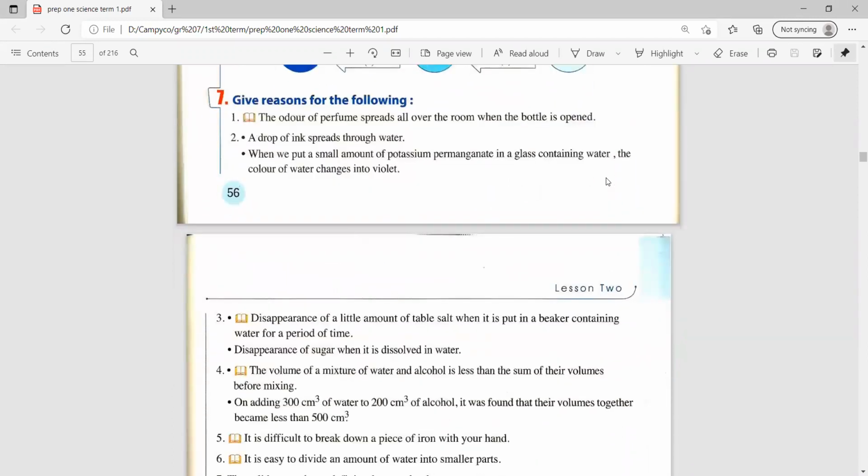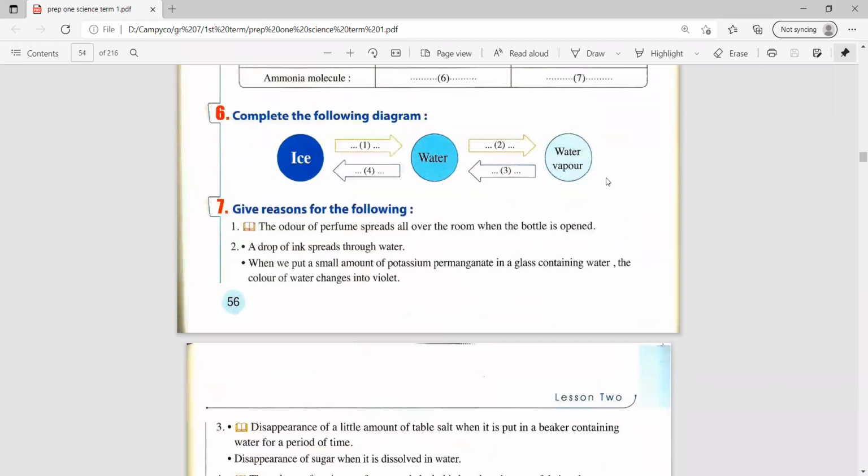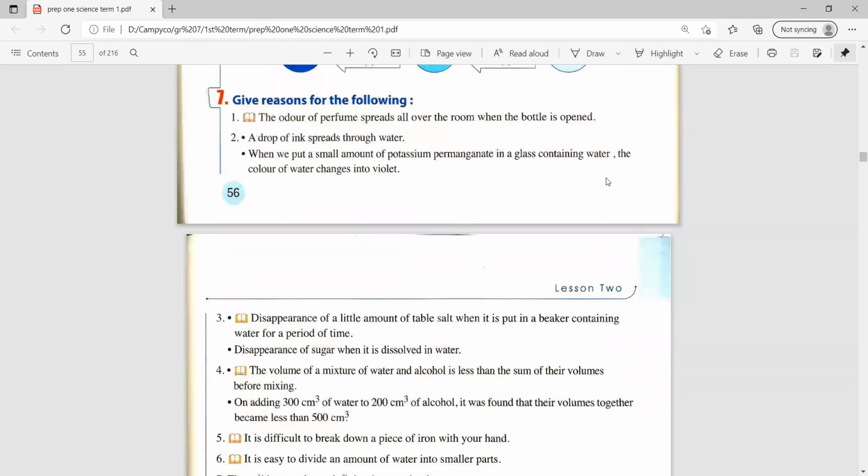Give reason: the odor of perfumes spreads all over the room when the bottle is opened. Because the molecules are in continuous motion.